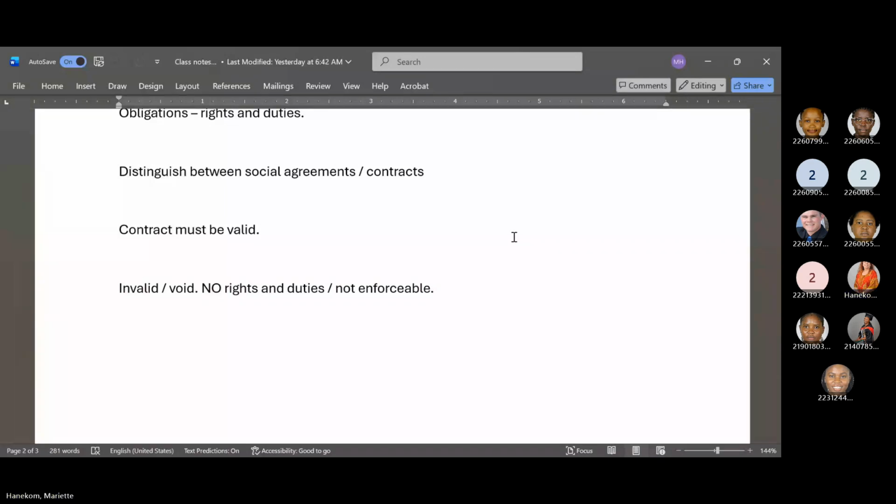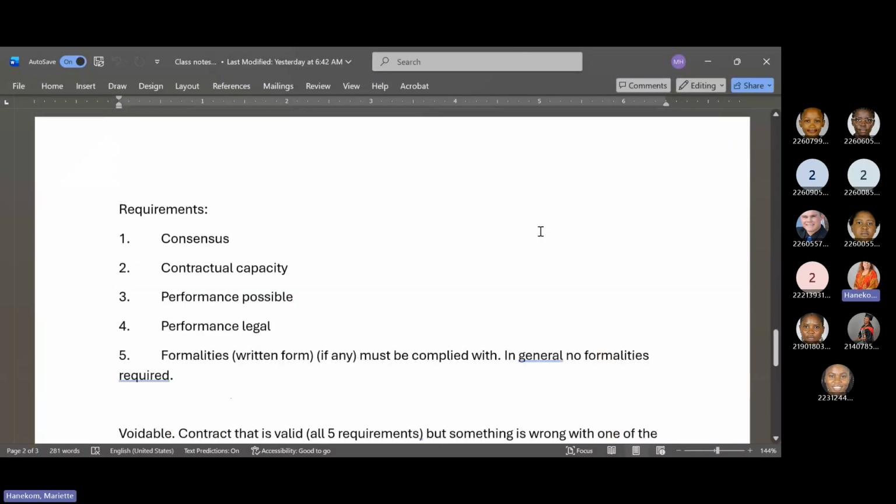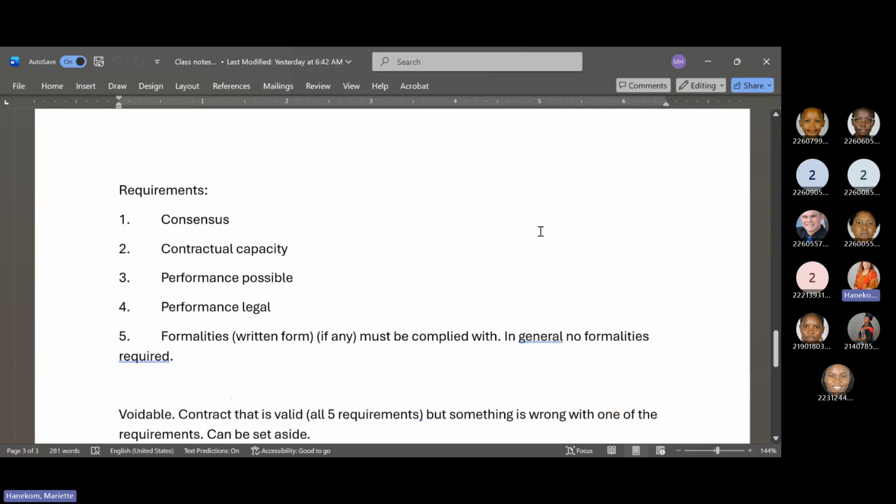In order for the contract to be valid, it needs to meet 5 requirements: consensus, contractual capacity, performance must be possible, performance must be legal, and if there are required formalities, these have to be met.